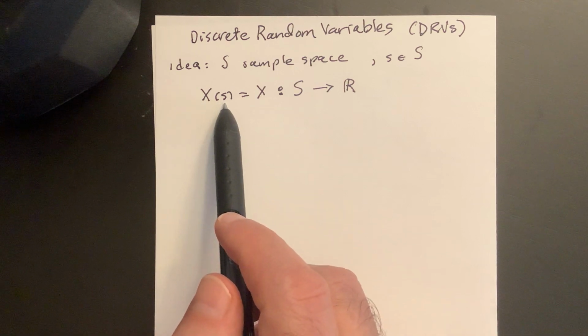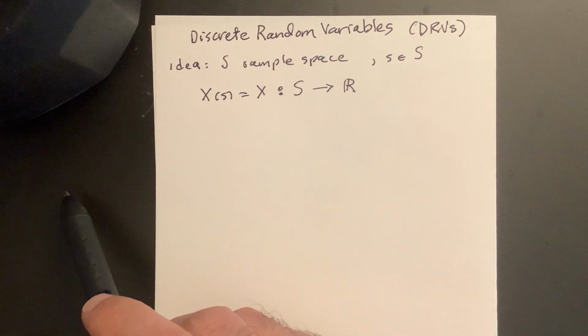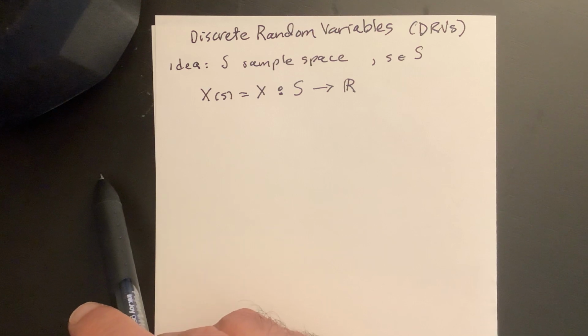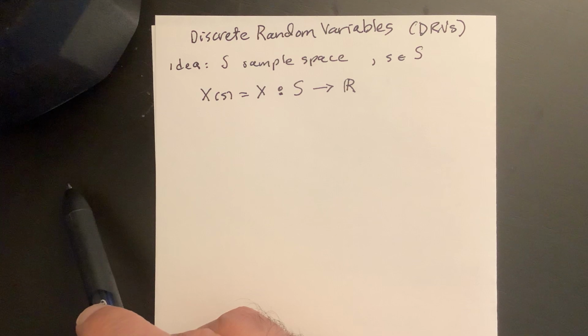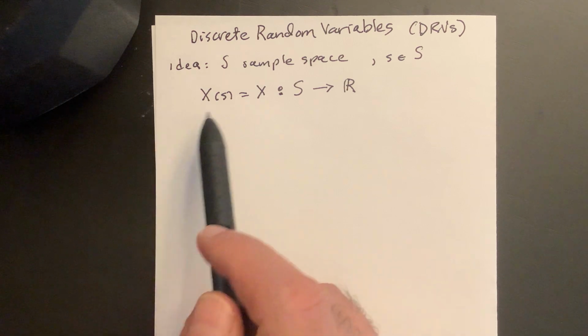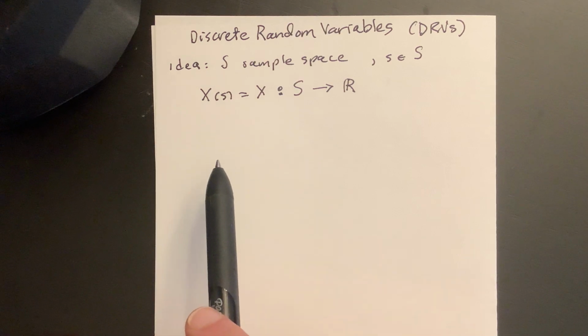If the probability little s occurs is say 0.8, and x of little s is say 50, then probability x is 50 is at least 0.8. It could be more if there are other outcomes that also are 50. So we'll see how this works.